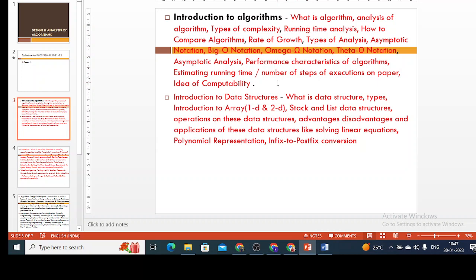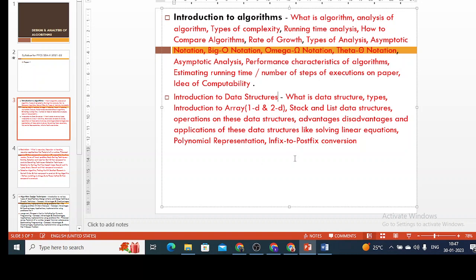So today we are going to cover the Unit 1 questions. Unit 1 questions will be divided into two videos. So let's begin. Unit 1 includes Introduction to Algorithm and Introduction to Data Structure. We'll be dividing Unit 1 in two videos. Let's start.